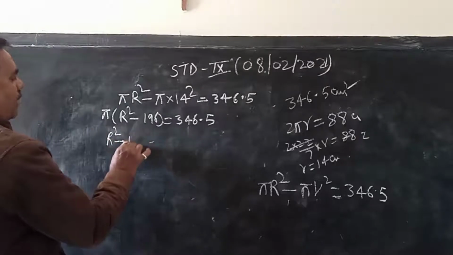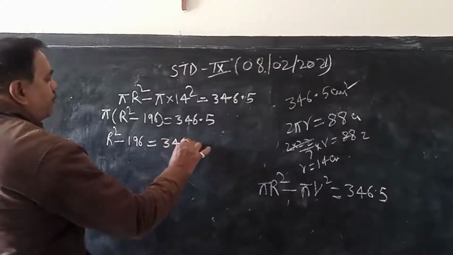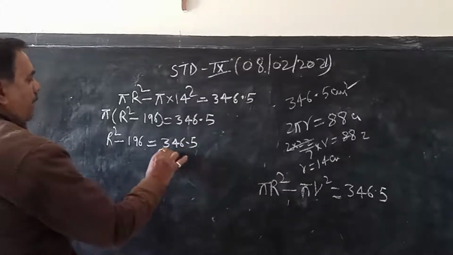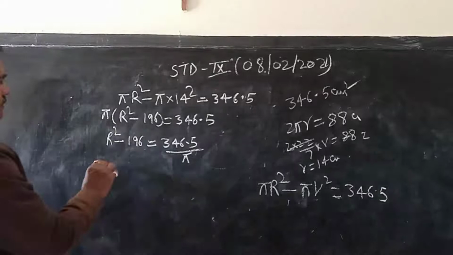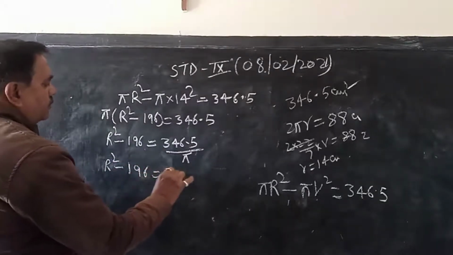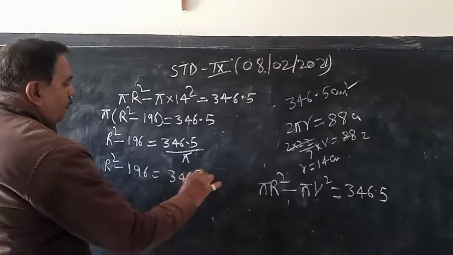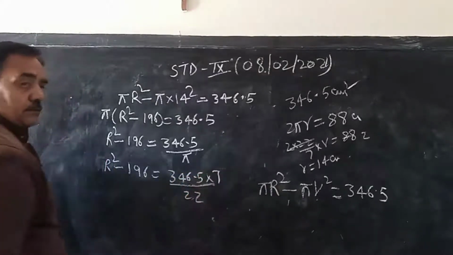R square minus 196 is equal to 346.5 by pi. Right? So R square minus 196 is equal to 346.5 by 22 into 7.